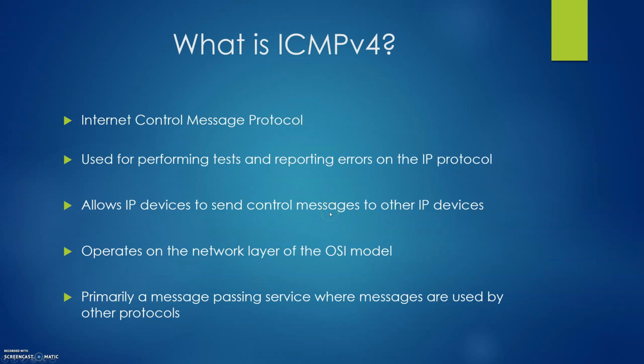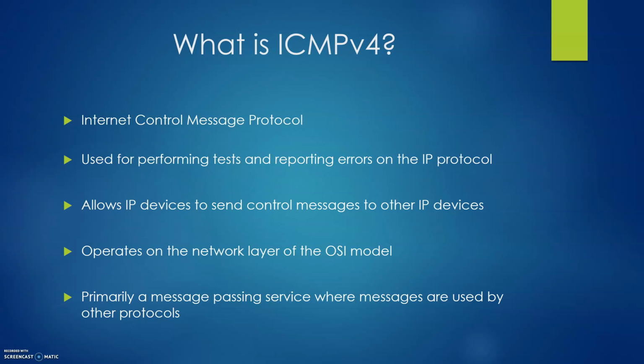So what is ICMP version 4? It's the Internet Control Message Protocol, and it's used for performing tests and reporting errors on the IP protocol, which is actually the IP version 4 protocol. There's ICMP version 6 and ICMP version 4, and each has its associated ICMP version for each protocol.